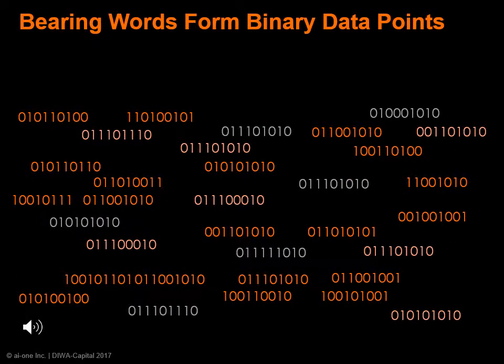We name the important words in a text corpus bearing words. Those are the words which are forming the message, the meaning of a text. And the whole process is not done on ASCII level, it is done on binary level. So our system doesn't recognize ASCII characters, it recognizes only on binary level, which means we are totally language independent.